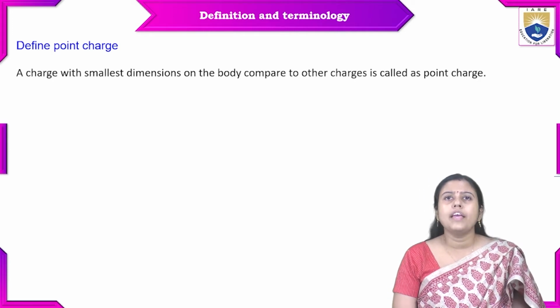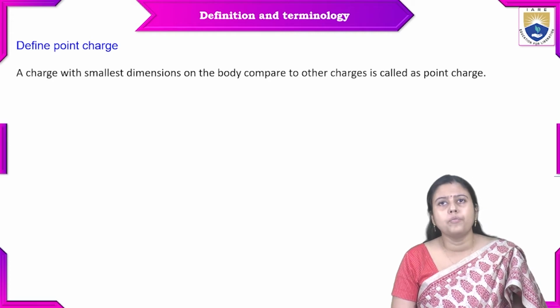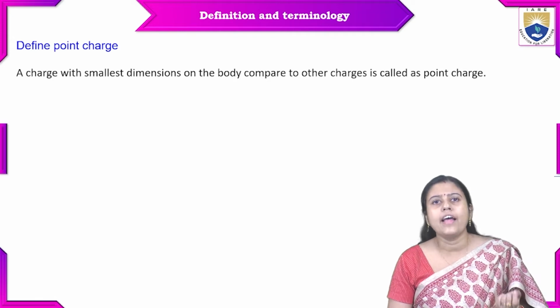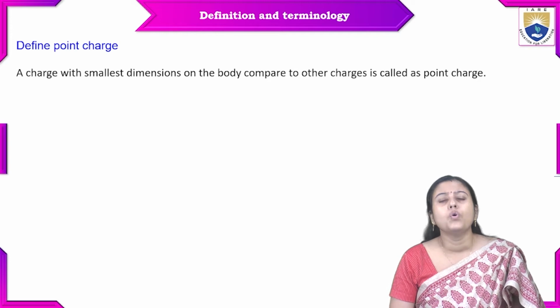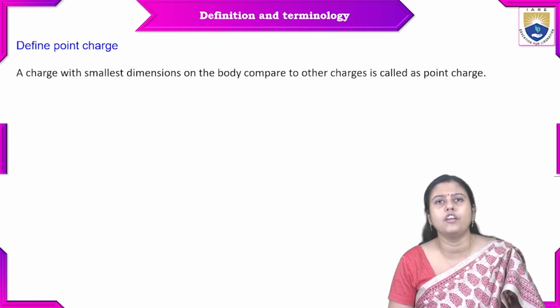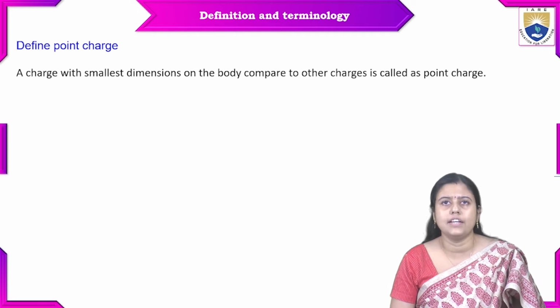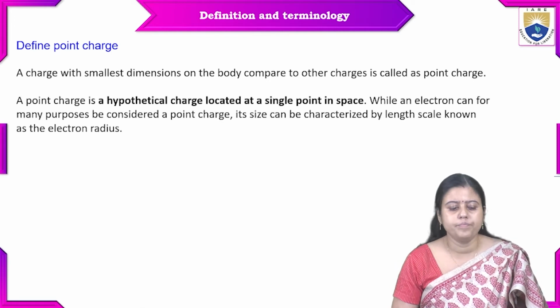Now, if there is a charged particle, and there are different amounts of charge in different particles, the one with the minimum dimension is known as the point charge.